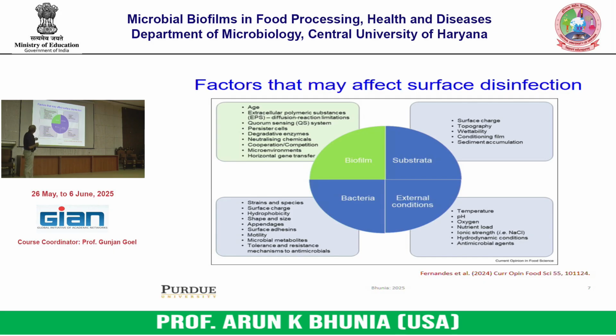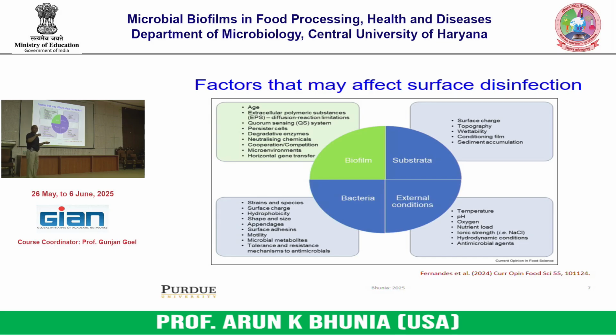If it is a biofilm, you want to know how old it is, right? If it is a newly formed biofilm, it's easy to remove. If it is a very old biofilm, as I showed you in some of the pictures, it's very difficult to remove. So the age of the biofilm is going to affect how effectively your disinfectant can work.